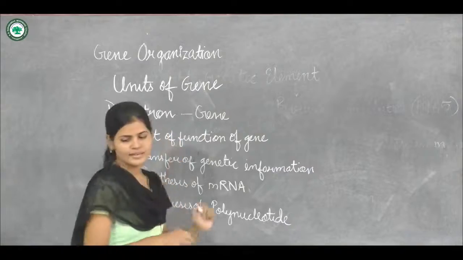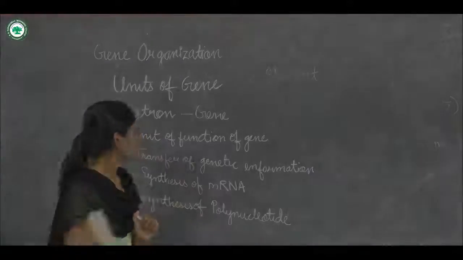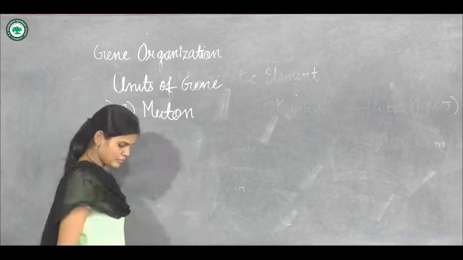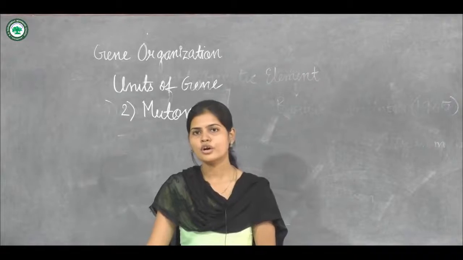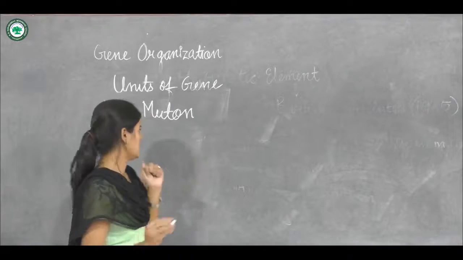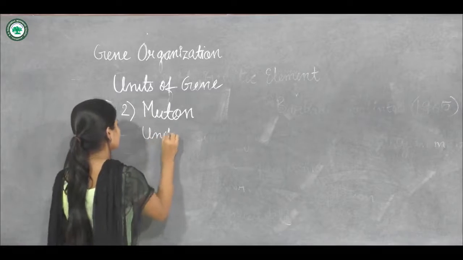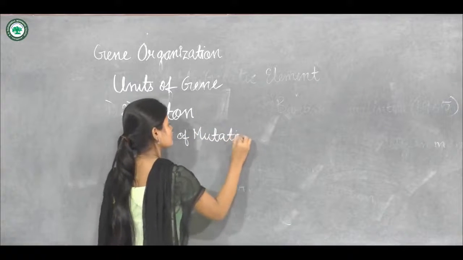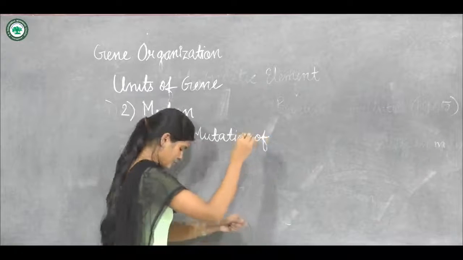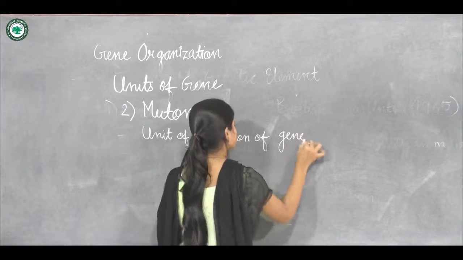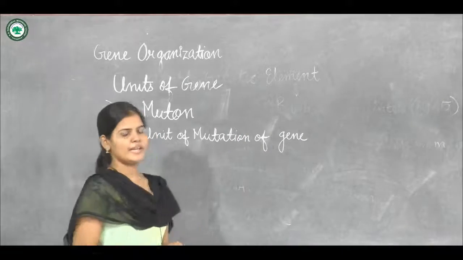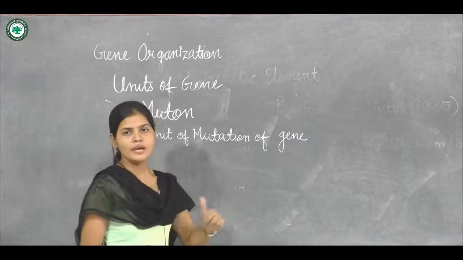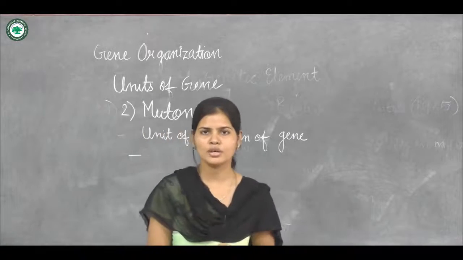Now the next one is muton. Muton is the unit of mutation of a gene. So we can call it the smallest unit of a gene on which mutation can occur.